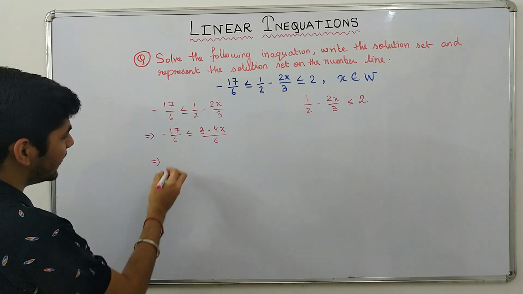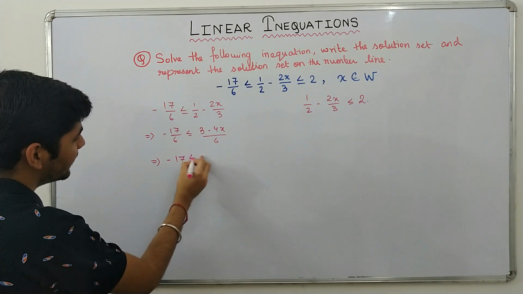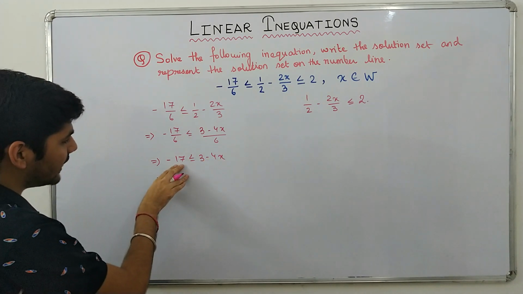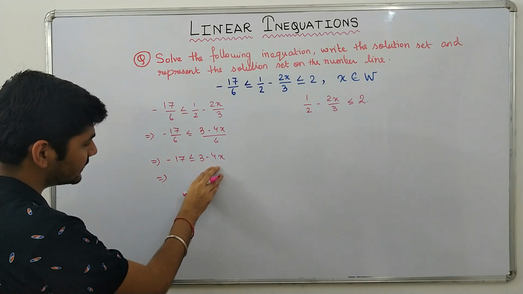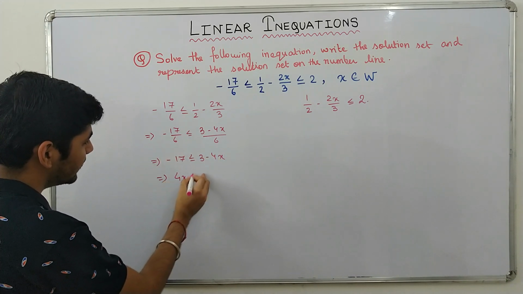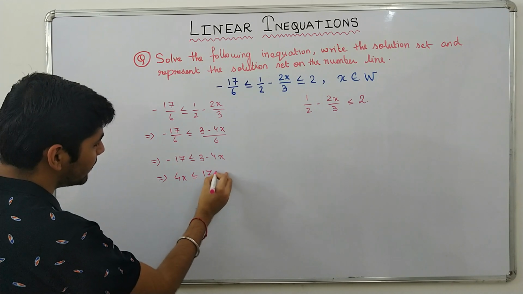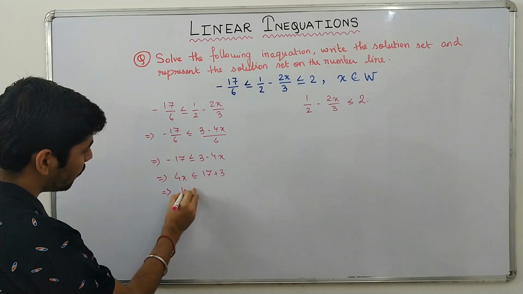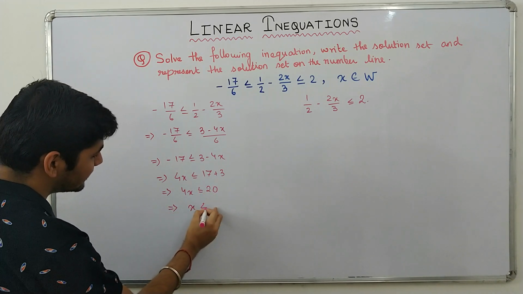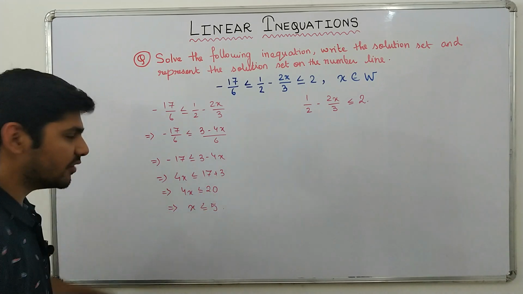This 6 and this 6 will get cancelled out, we will get minus 17 is less than equal to 3 minus 4x. Therefore, minus 17 will go to the RHS and minus 4x will come to the LHS. So we get 4x is less than equal to 17 plus 3. Therefore, 4x is less than equal to 20. Therefore, x is less than equal to 5. So we get one solution.